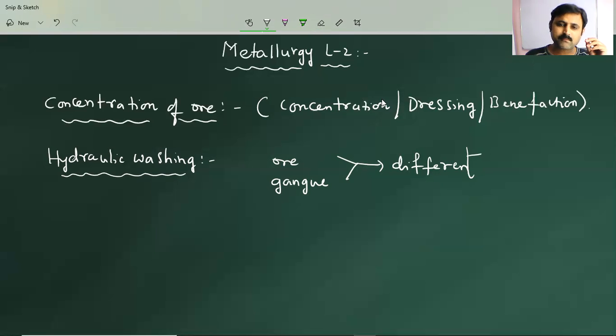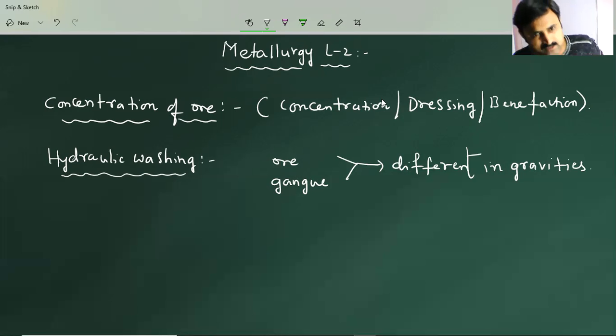So when there are differences between the ore and gangue particles, in the name itself we are talking about hydraulic washing. This phenomenon makes use of wetting tendencies.